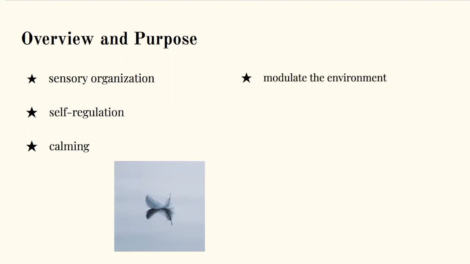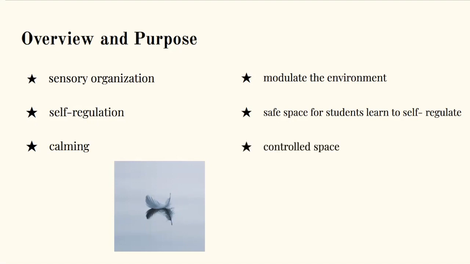A sensory room can also provide these additional benefits. We can modulate the environment so that you can reduce the opportunity for overstimulation. We can create a safe space with tools for the students to use to learn to self-regulate and manage their anger, overstimulation, and stress. We can create a controlled space to assess the type of environment a student is most comfortable in and sensory activities that they're most responsive to.